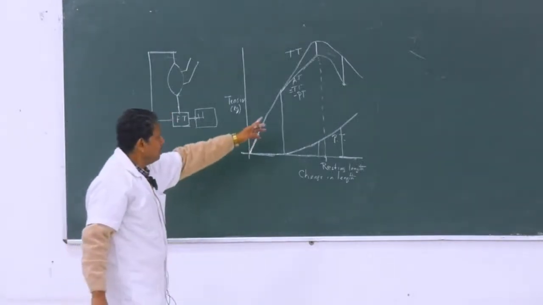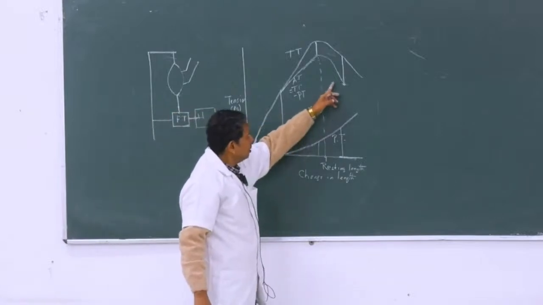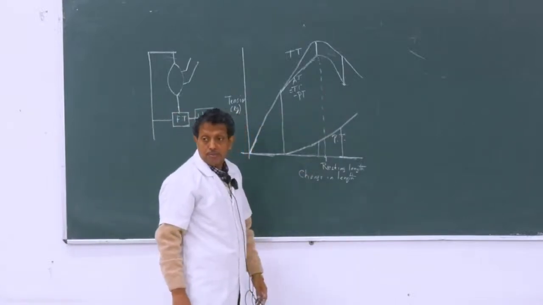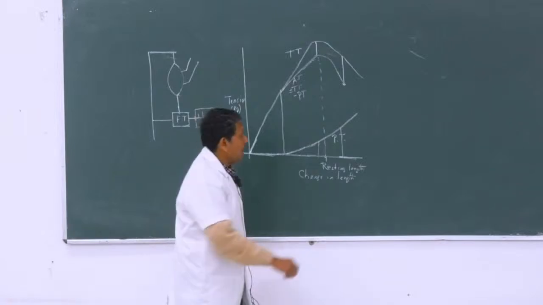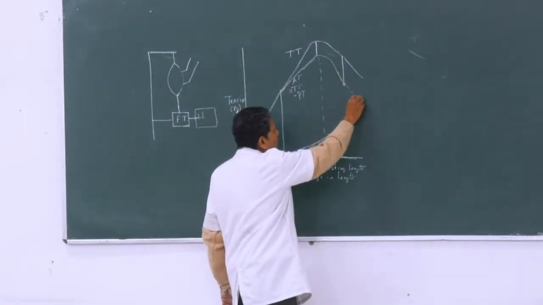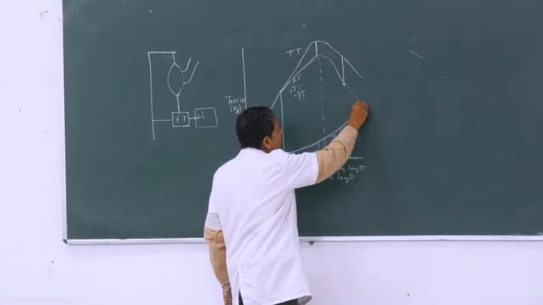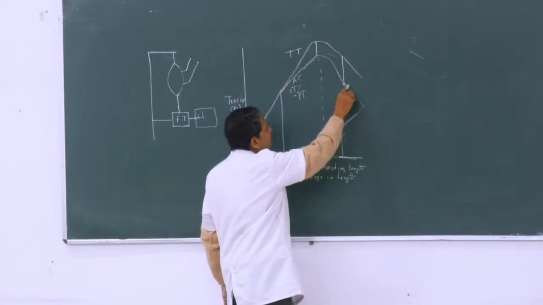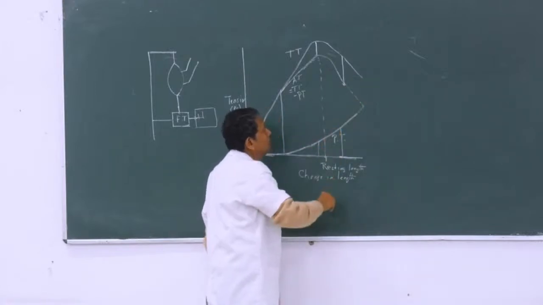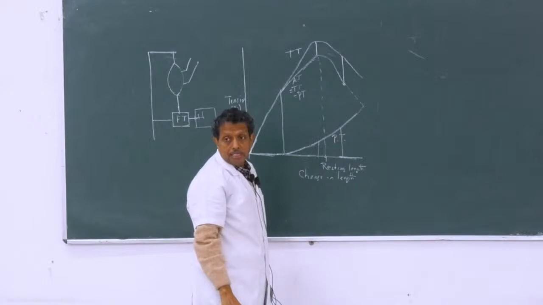And when the length is increased, there is a decrease in the active tension. And when it meets with this, then the active tension is 0 at this level.